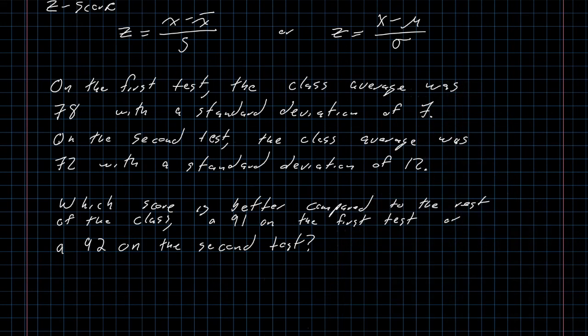Compared to the class average on the first test, let's call that z sub 1, z-score for the first test. The score I'm talking about is a 91. The class average was a 78, and the standard deviation was a 7. That's a pretty straightforward calculation to perform. 91 minus 78 is 13. 13 divided by 7 is 1.86.